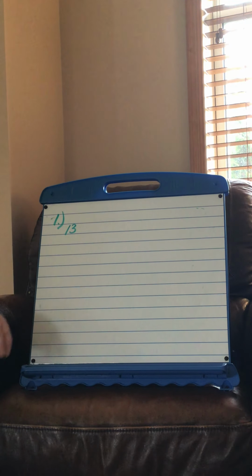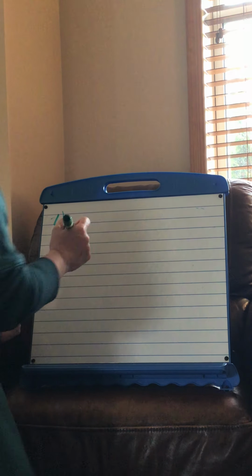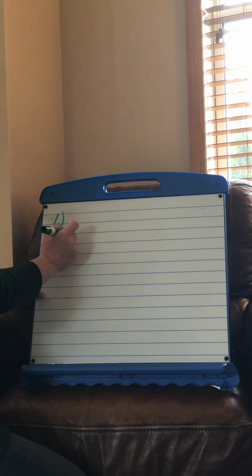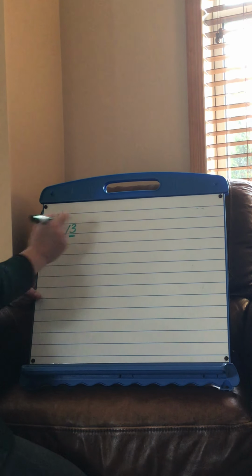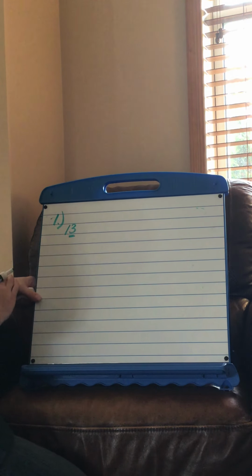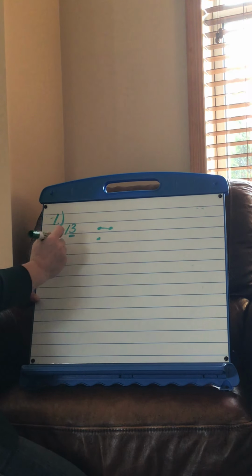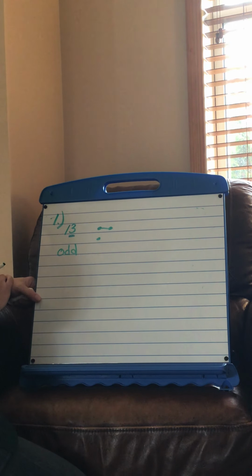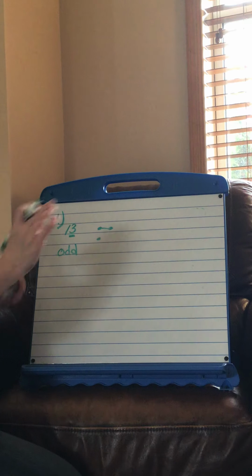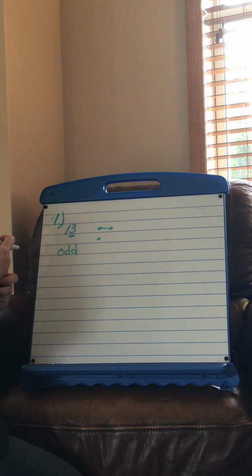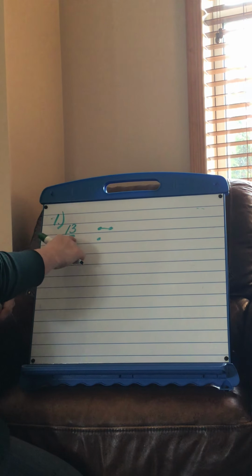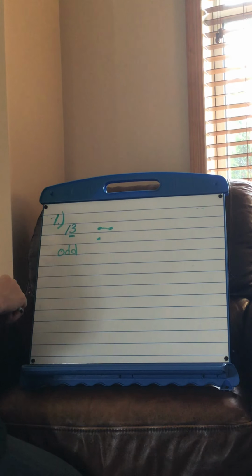Now, I could draw out 13 circles, but what you can do when you have a 2-digit number is look at the ones place. That's a 3. So I can just draw 3 dots and then do my connect, and then because 1 dot's left over, that means the number 13 is going to be odd. Now you could draw out all 13 dots and try connecting them, but that might take a little while. So if you look at the number just in the ones place, that will help you.